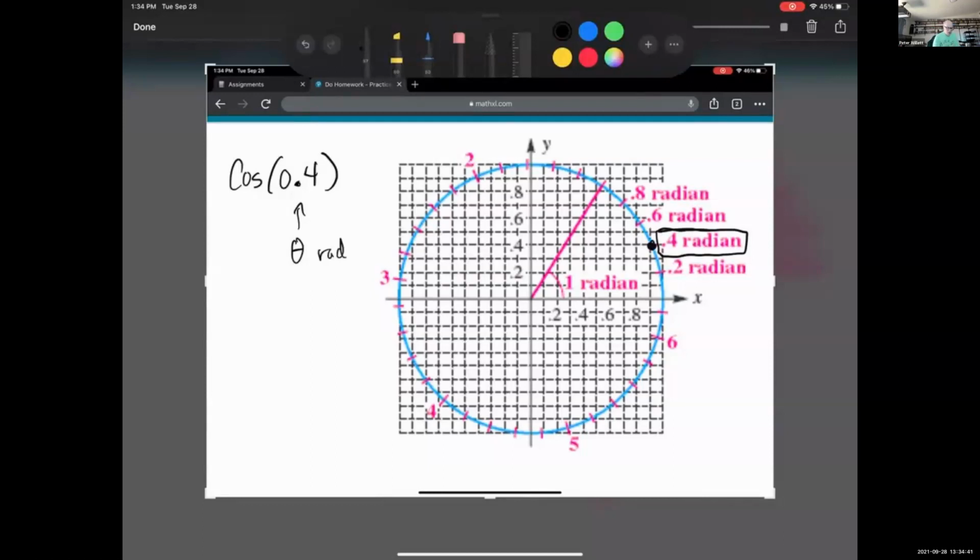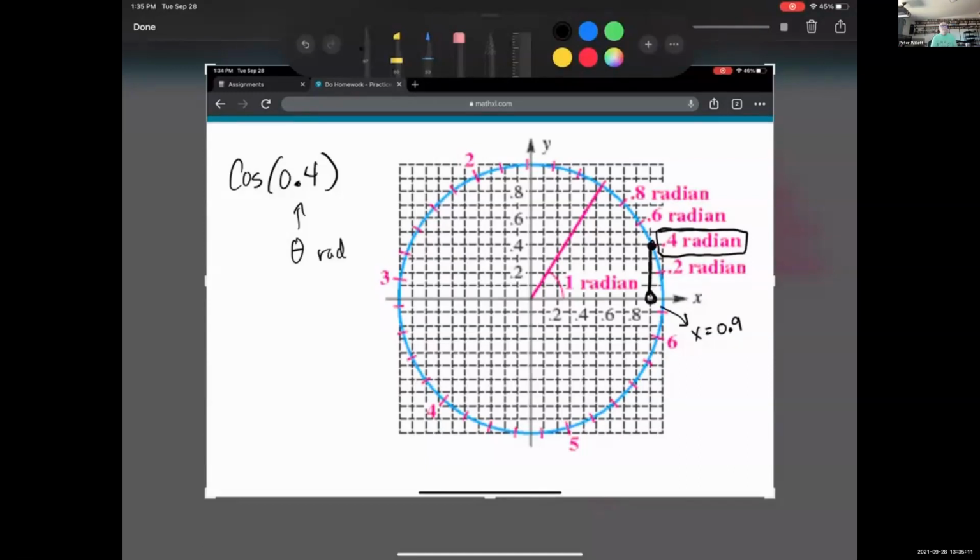And cosine will be the x value of that point. And so the x value, I would go, looks pretty close to this dotted line. So if I go straight down from here, the x value is going to be around there. And I believe that's where x is equal to approximately 0.9.